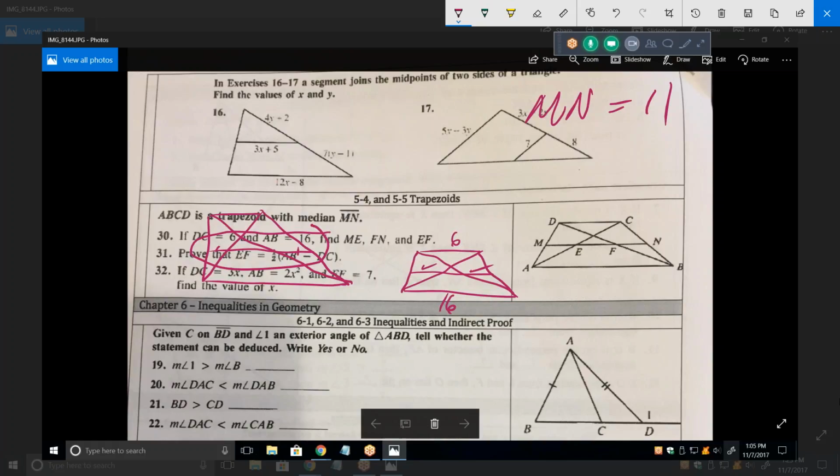I could tell you what the entire mid-segment was, but I would not be able to tell you what the individual line segments are, because depending on how I draw that trapezoid, they change. In other words, in this picture here, that middle section, I suppose, could be 5, but it would change the distance of ME and FN.